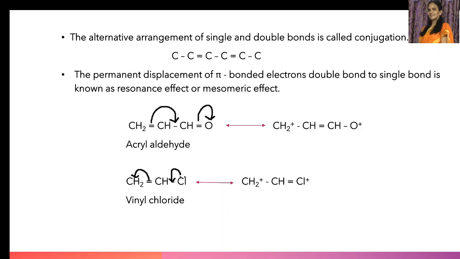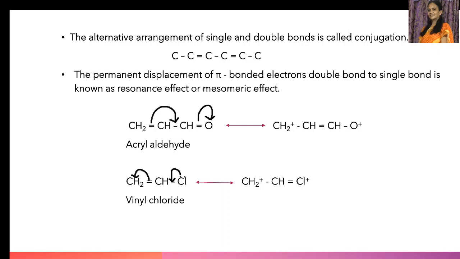Now, next example is vinyl chloride. In this vinyl chloride also, the non-bonding electrons present on chlorine are shifted towards the single bond. Then the pi bond electrons present over here are shifted towards carbon.